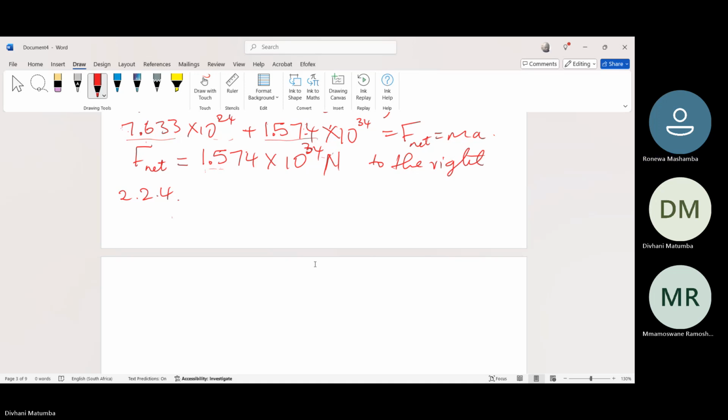This is the picture she sent. Would it be F is equal to K?